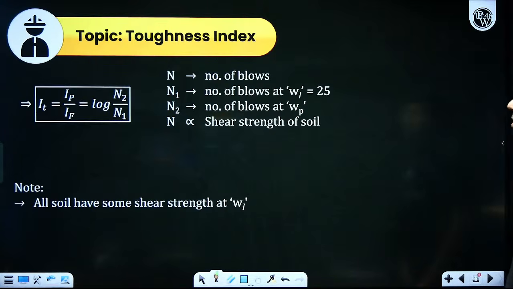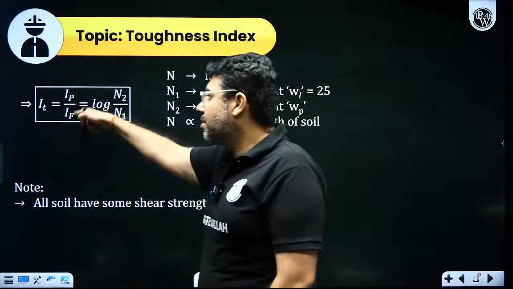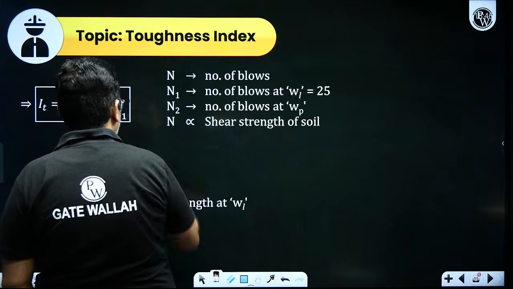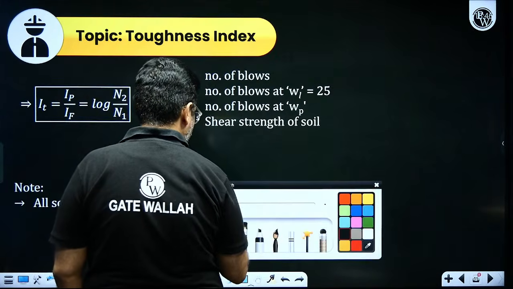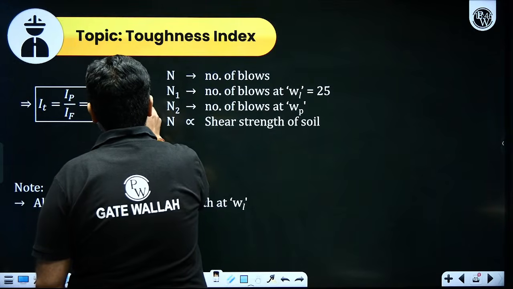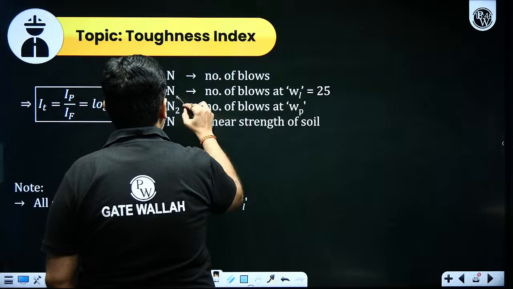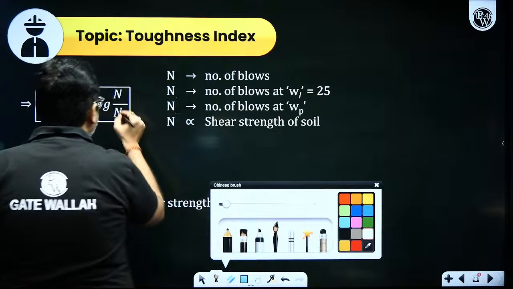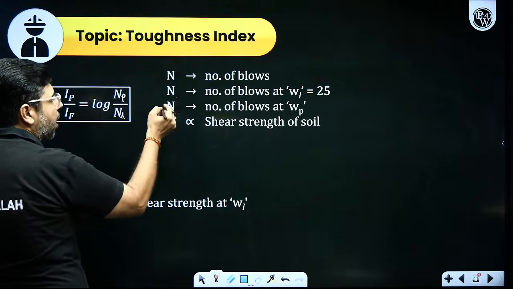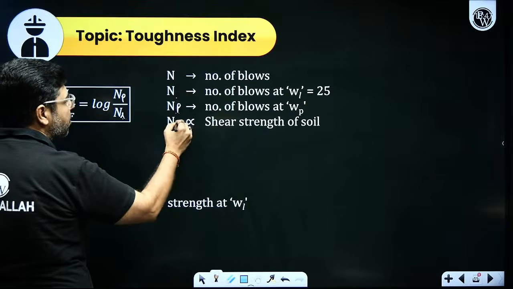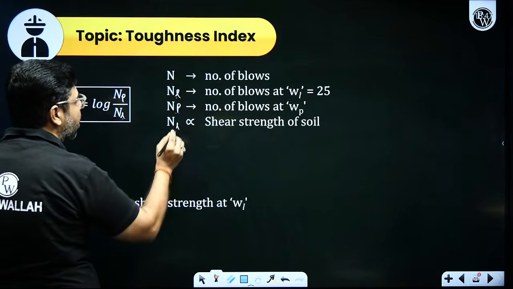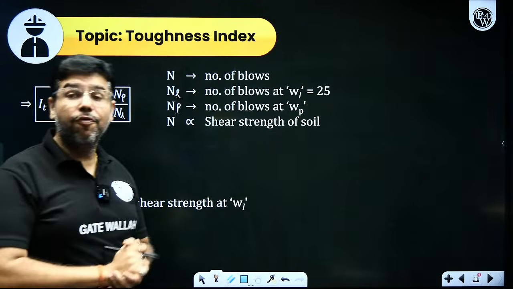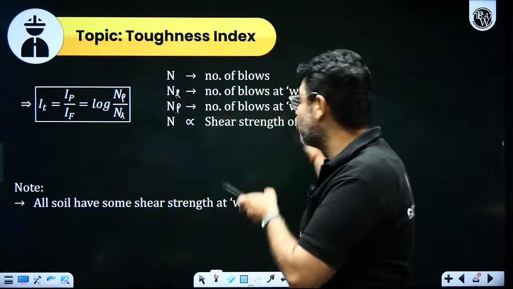One thing you should understand: here I got IT as IP upon IF, that is log of NP upon NL. I have proved it also. And the number of blows is directly proportional to shear strength. For all the soils, my NL is constant, that is 25.